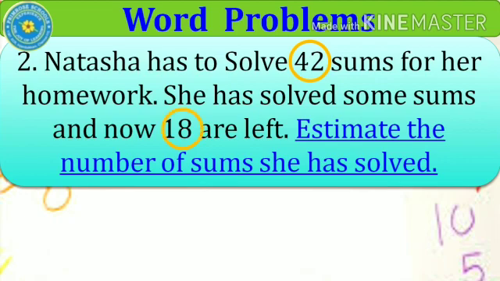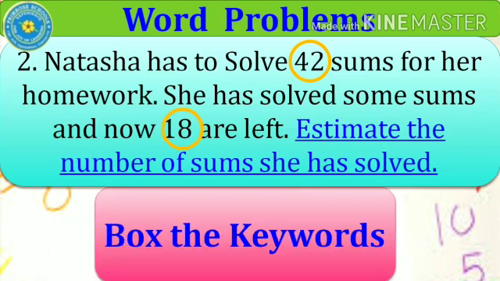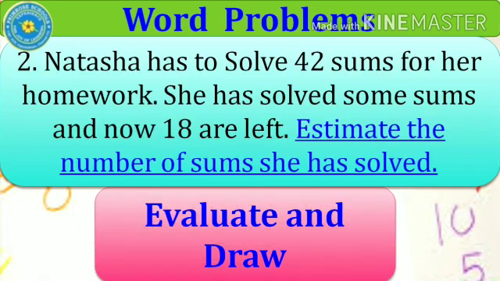So which is the keyword here? Tell me. Left. She has solved some sums and how much is left? 18 is left. So we have boxed the keyword. Then the fourth step is to evaluate and draw. Let us evaluate this question and let us draw it.